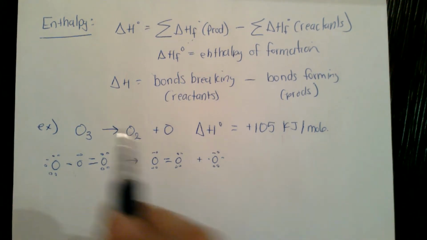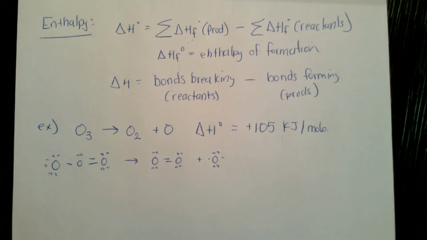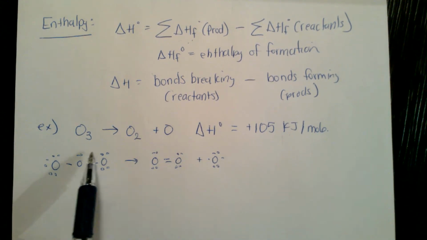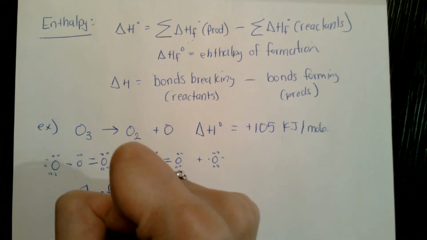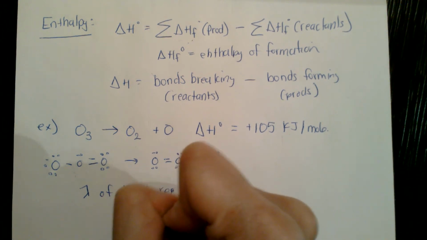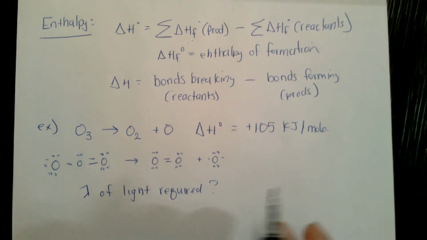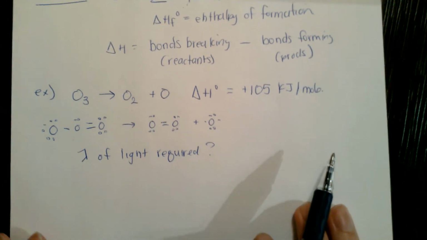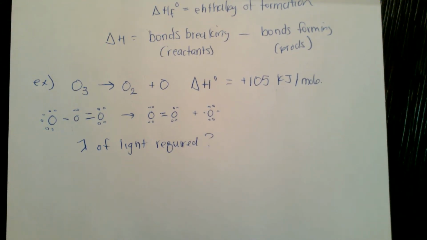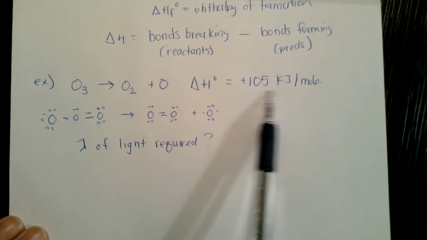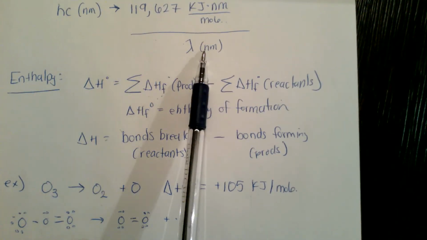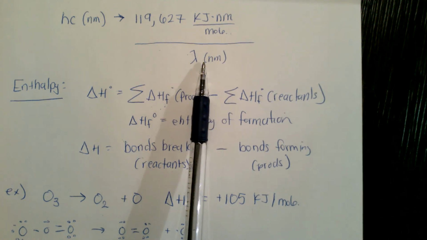Let's find what wavelength of energy we would need to have this reaction go to completion. What is the wavelength of light required to break that bond? Since we have our delta H in kilojoules per mole, we can use this form of the equation.